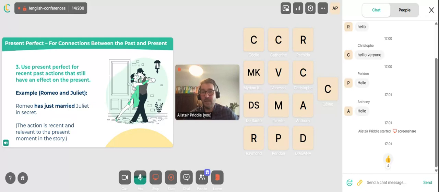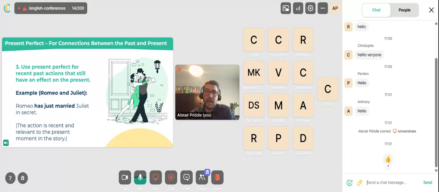Romeo has just married Juliet in secret. The action is recent and relevant to the present moment in the story.